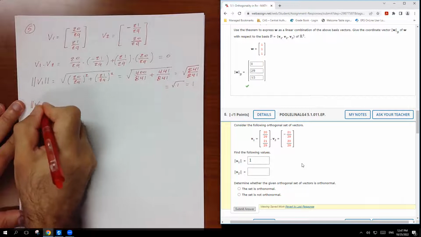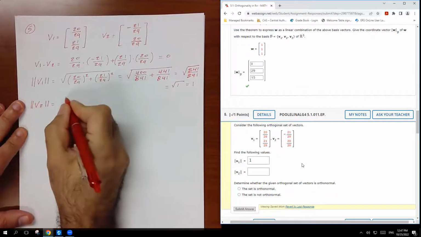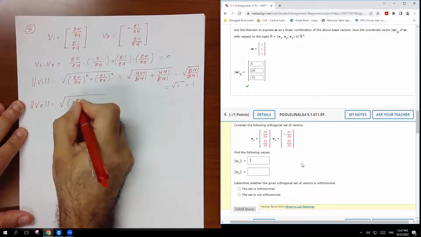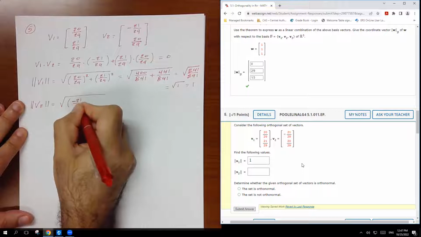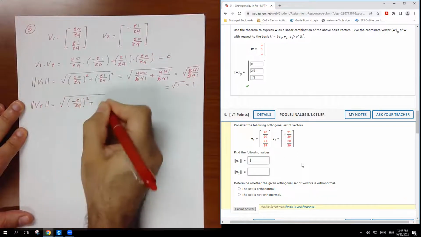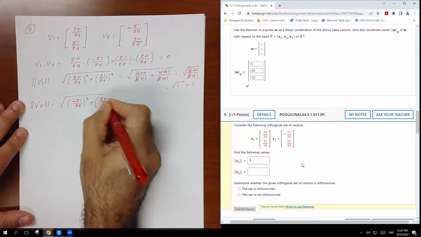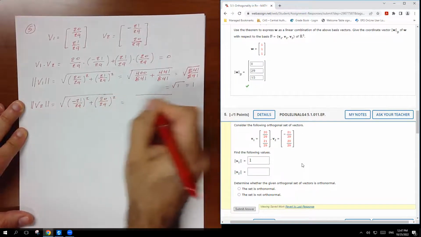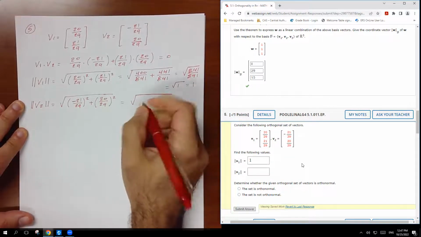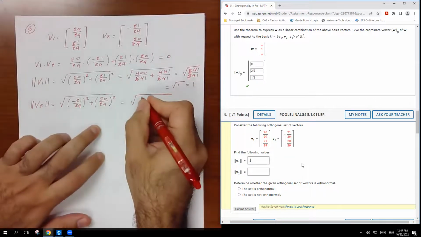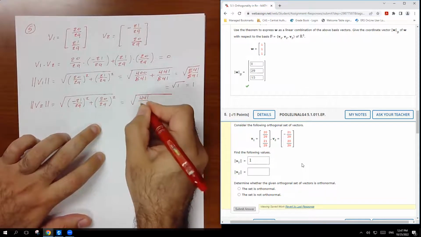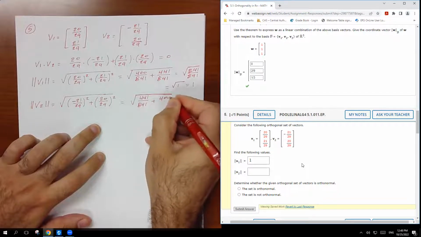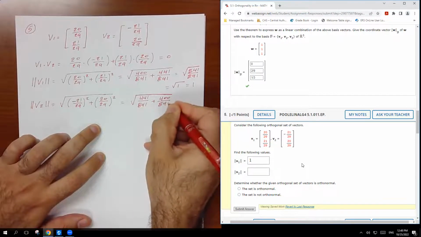The length of V2 is the square root of negative 21 over 29 squared plus 20 over 29 squared, which is the square root of 441 over 841 plus 400 over 841.